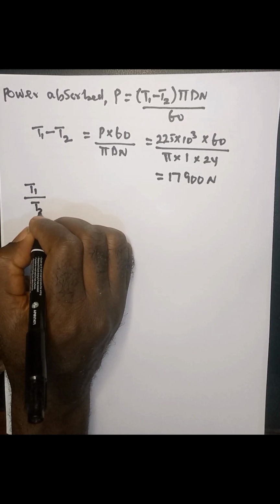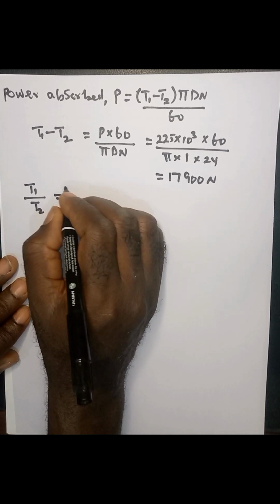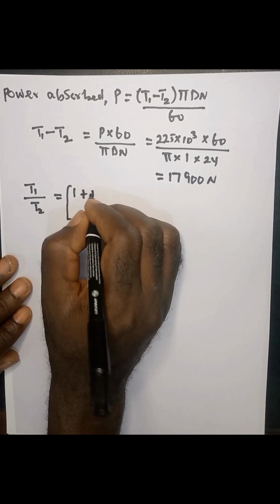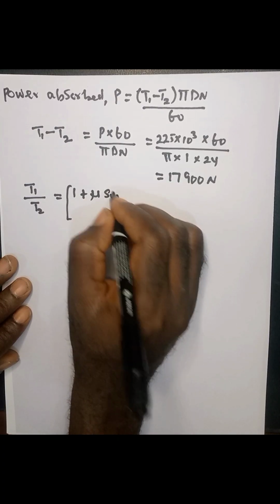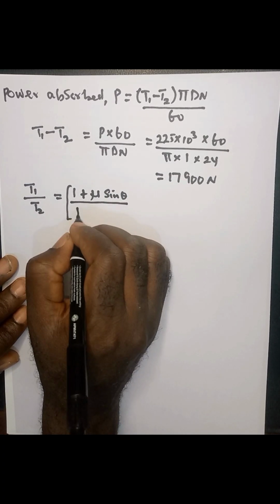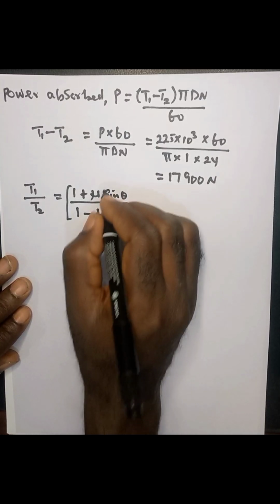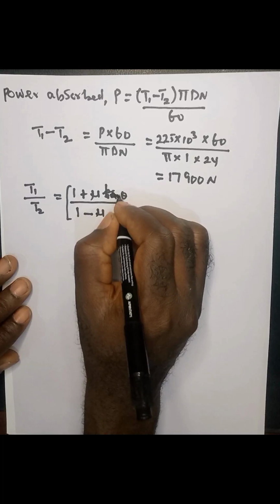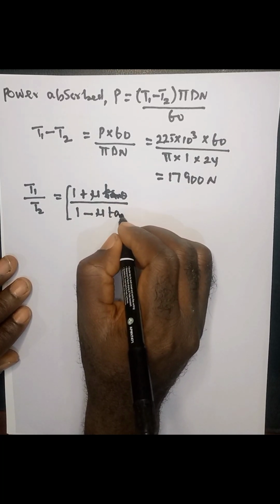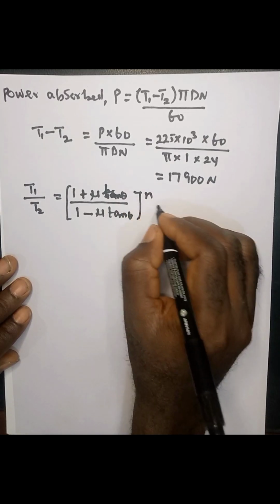Then we also know that the ratio of the tension on the tight side to the slack side, which is T1 over T2, is given by this expression: 1 plus mu tan theta over 1 minus mu tan theta, raised to power n.